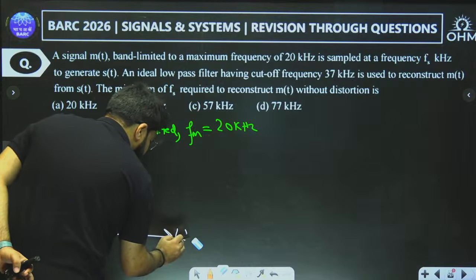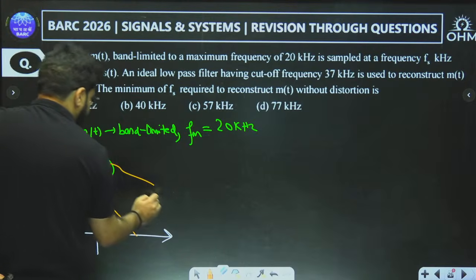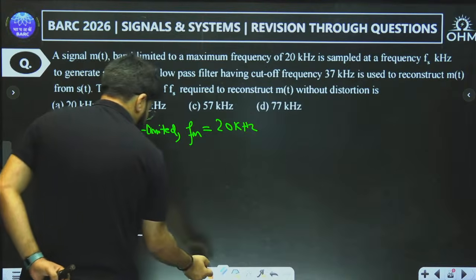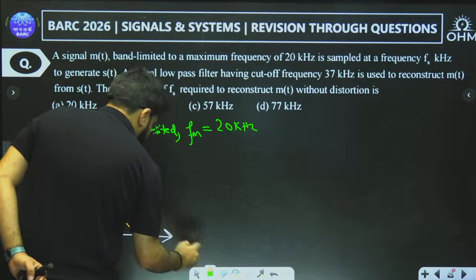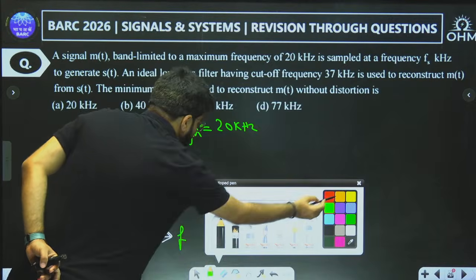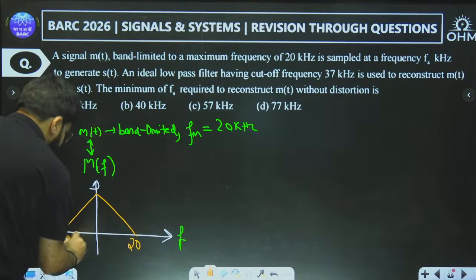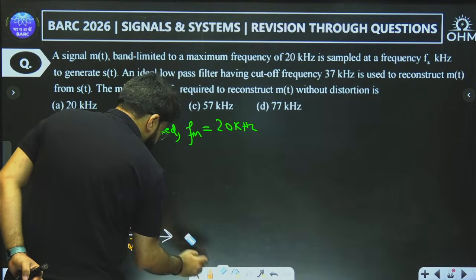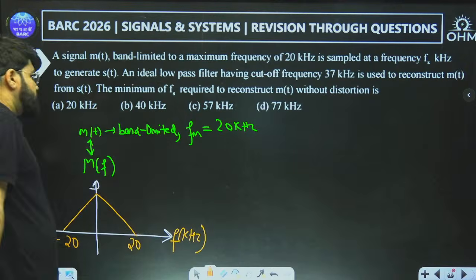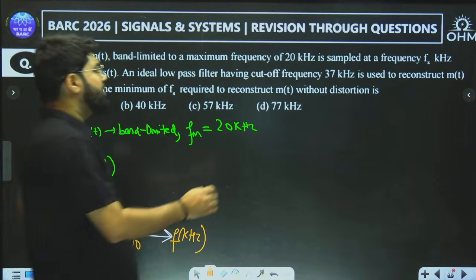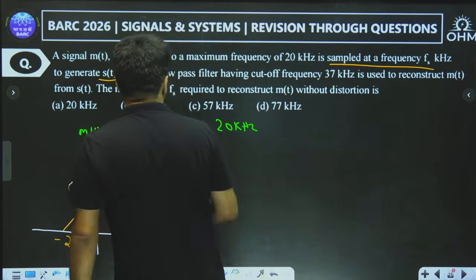Write it in the F domain: suppose it has the Fourier transform M(f). This is the F domain, this is going to be 20 kilohertz, and this is minus 20. Suppose this frequency is in kilohertz only. Now this is sampled at a particular frequency Fs kilohertz to generate s(t).